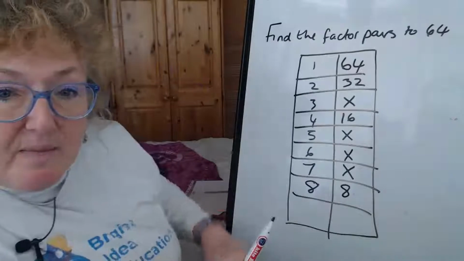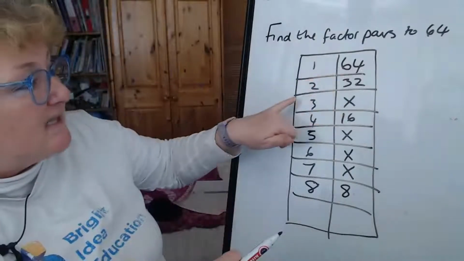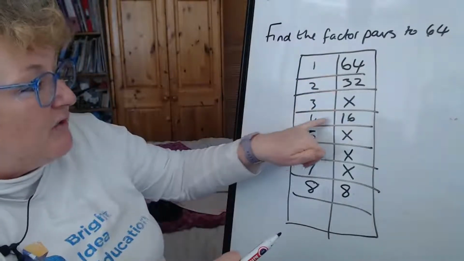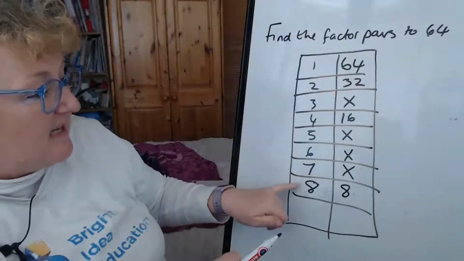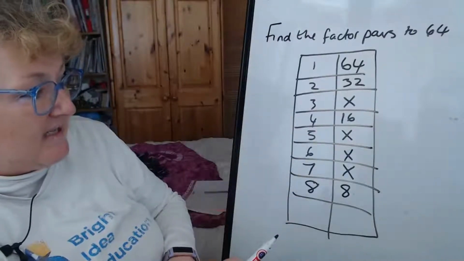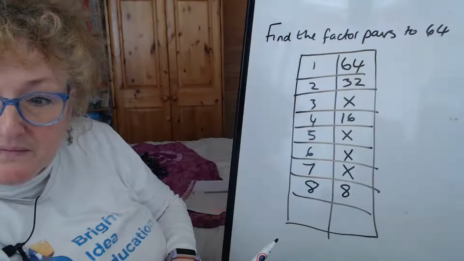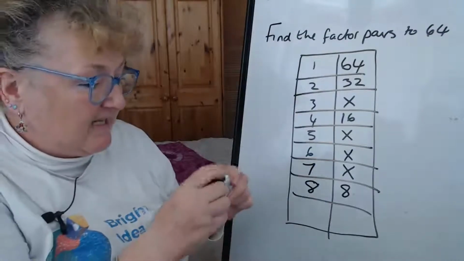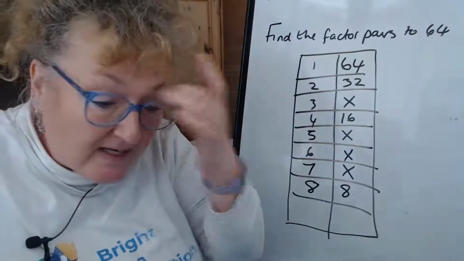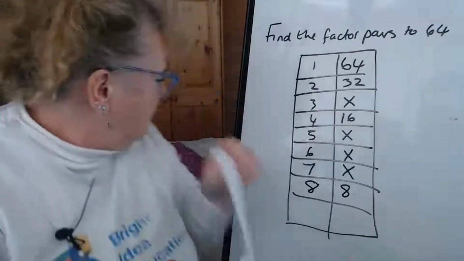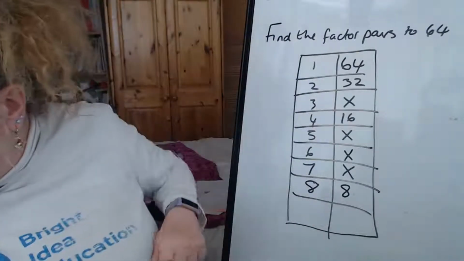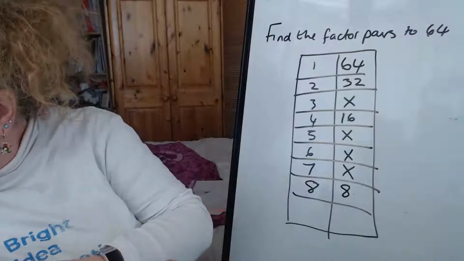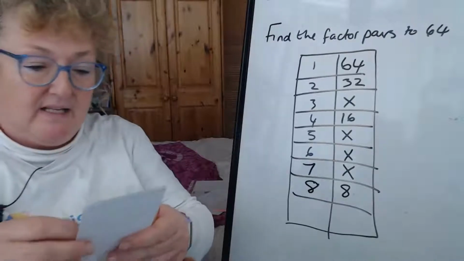So our factor pairs for 64 are 1 and 64, 2 and 32, 4 and 16, 8 and 8. Okay, so that's a really simple way of helping us make sure that we do not miss out on any of our factors.